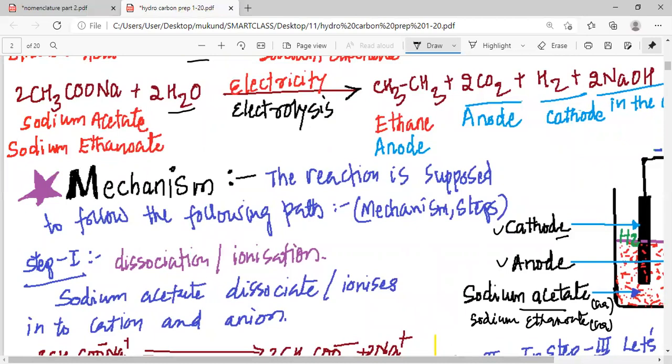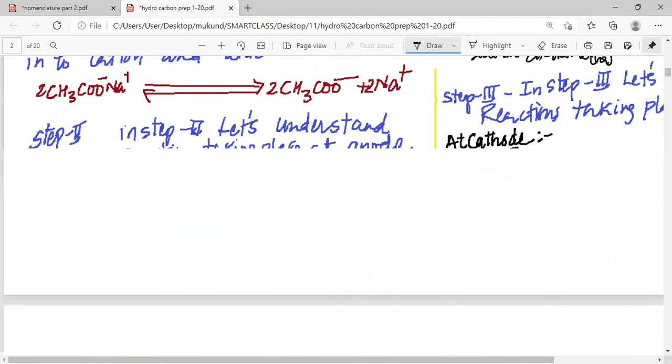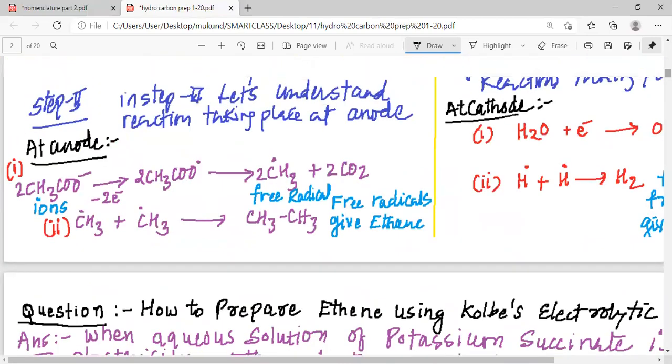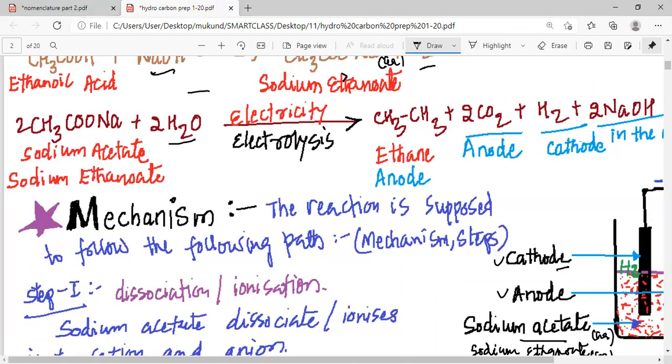Now let us see the mechanism of how the formation of ethane takes place in various steps. The reaction is supposed to follow the following mechanism.